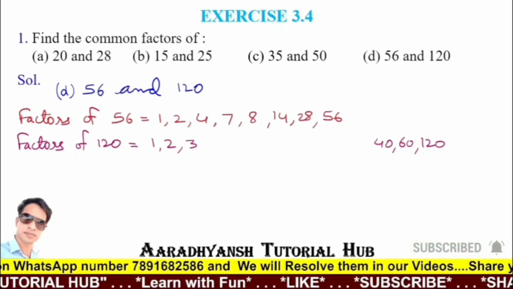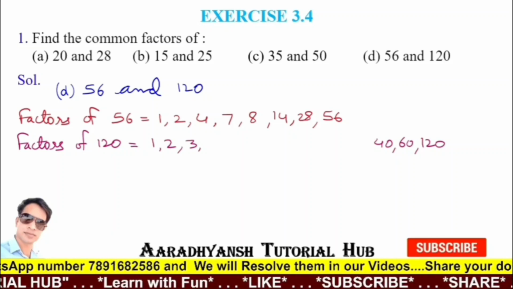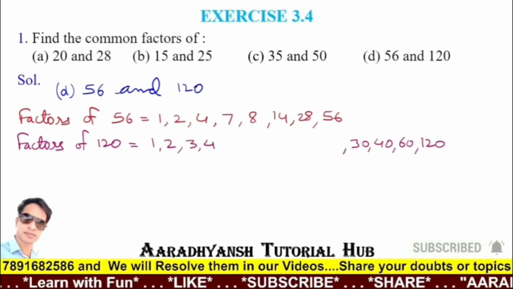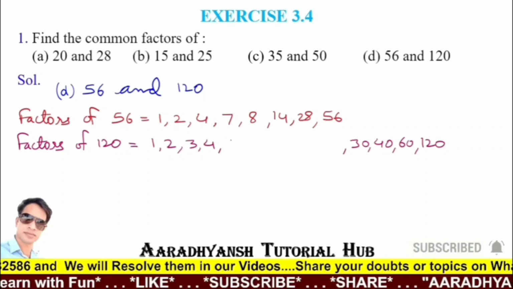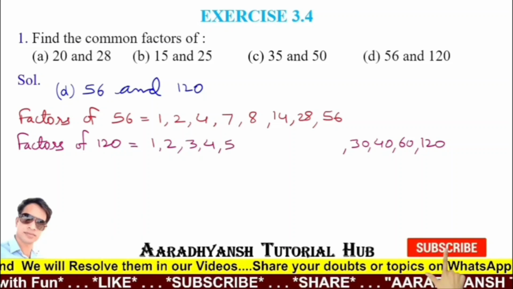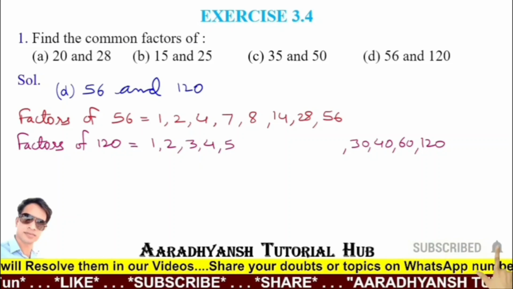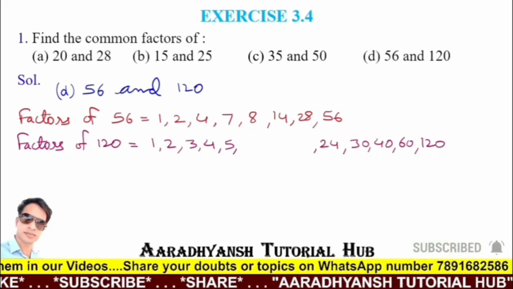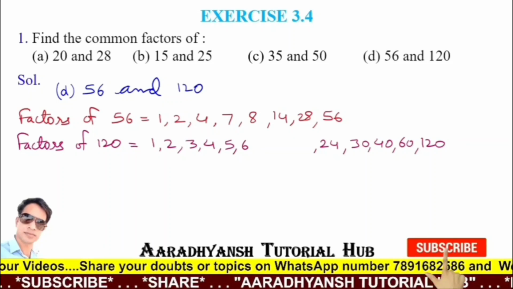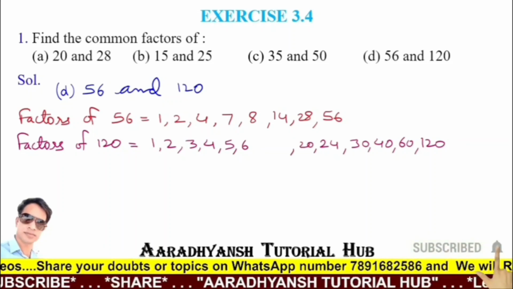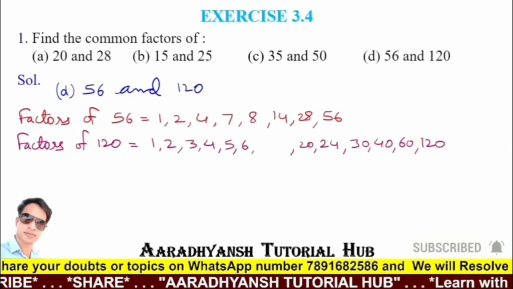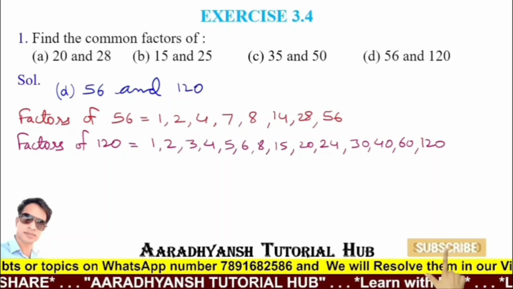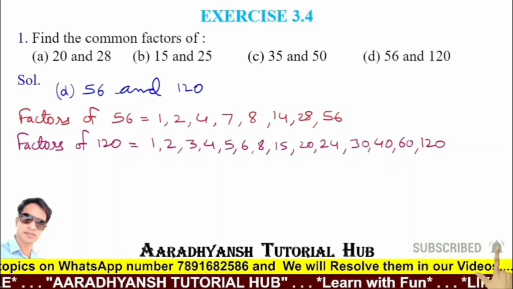Okay, 3 and 40. Next will be 4 and 30, 5 and 24. Okay, and next will be 6 and 20, and 8 and 15. So these are factors of 120.